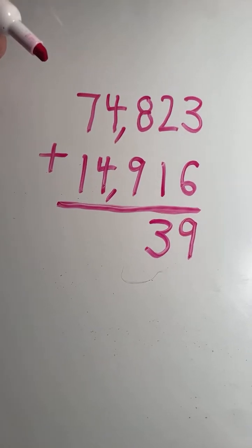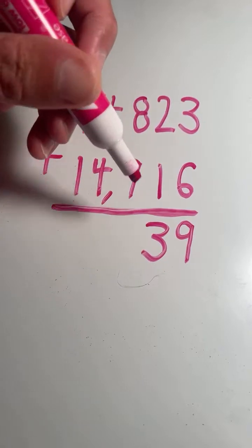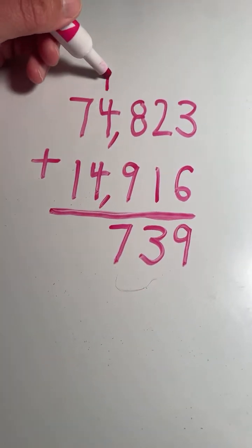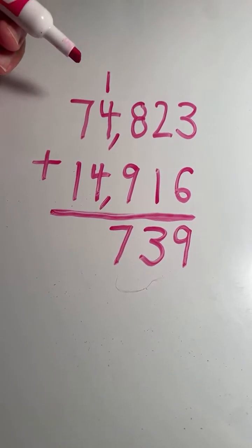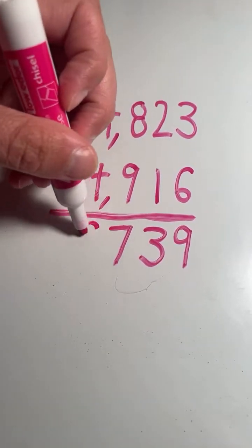In the hundreds place, we will need to regroup. 8 plus 9 equals 17. So the 7 in 17 will go in the hundreds place. The 1 in 17 will get carried over to the thousands place. 4 plus 4 equals 8. Plus 1 equals 9.